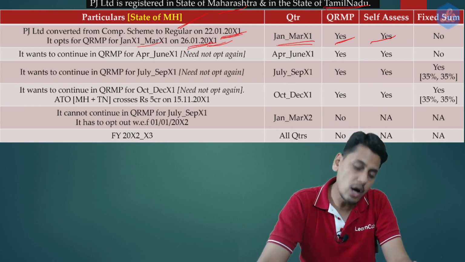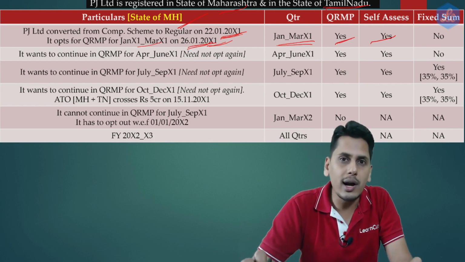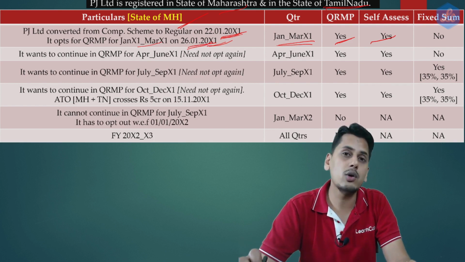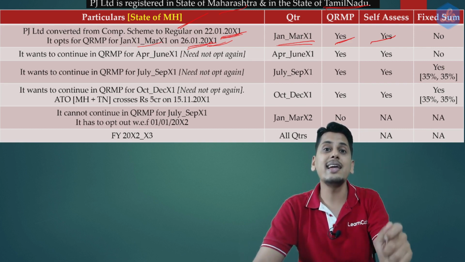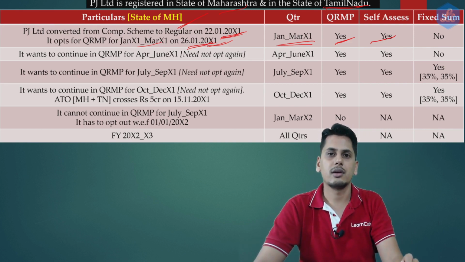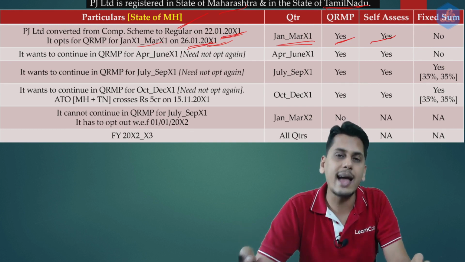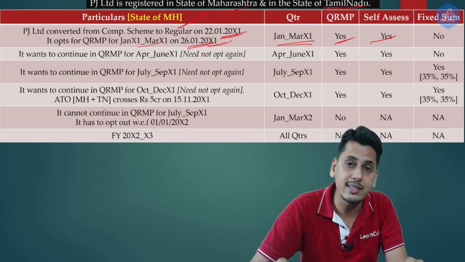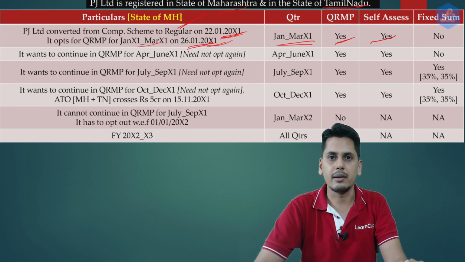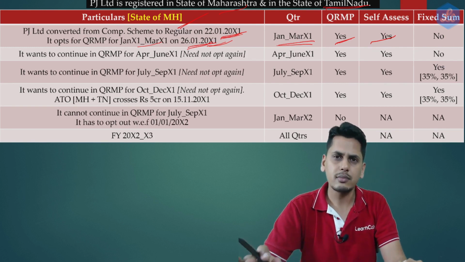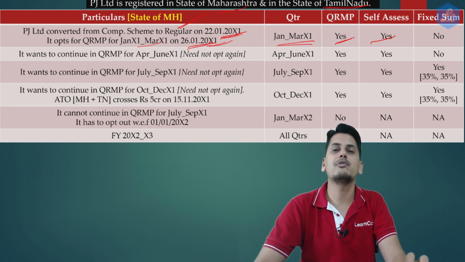Friends, he cannot opt for the fixed sum method for the reason that if you want to go under the fixed sum method, return for the preceding complete tax period needs to be filed. And which return, friends? 3B return for the preceding complete tax period needs to be filed. Now friends, in this case, has he filed any 3B return prior to his opting for the QRMP scheme?